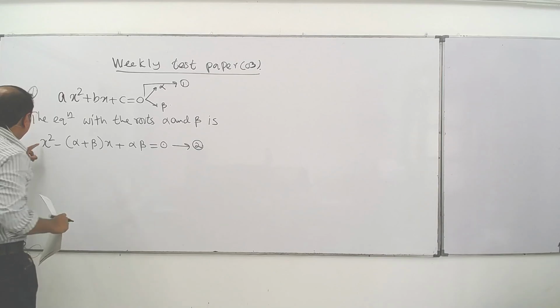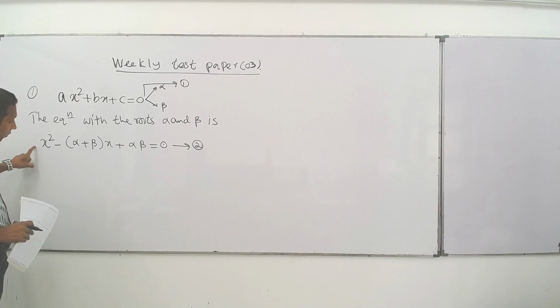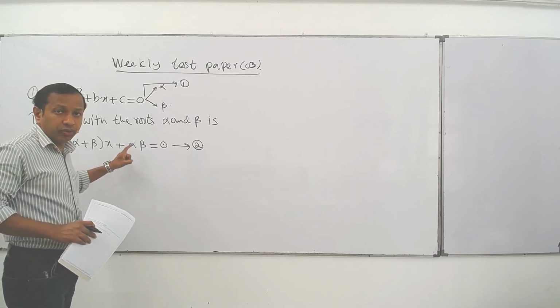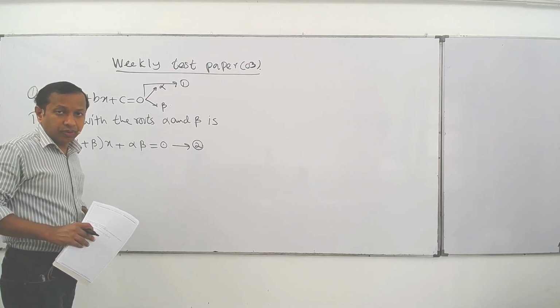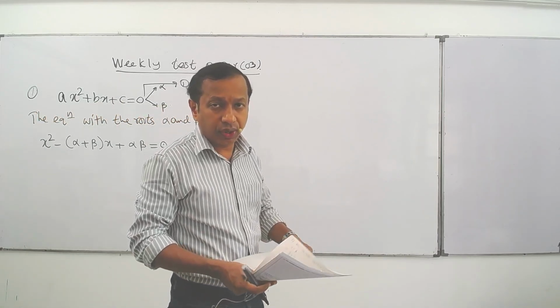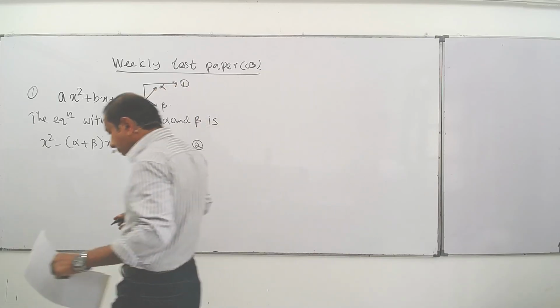The ratio of the x squared coefficients is equal to the ratio of the x coefficients, equal to the ratio of the constants. So that is the property when two quadratic equations have the same roots.